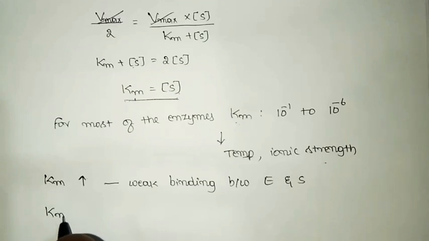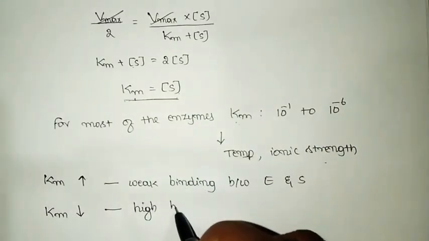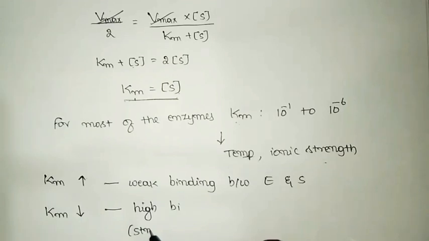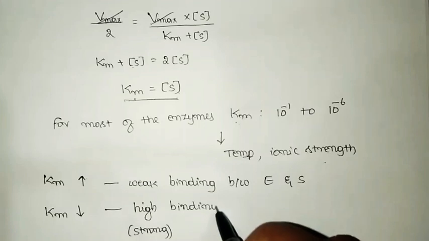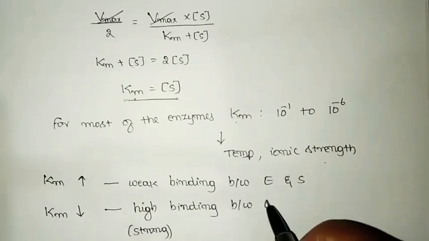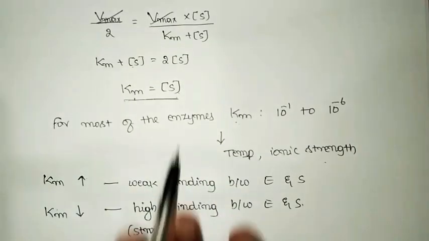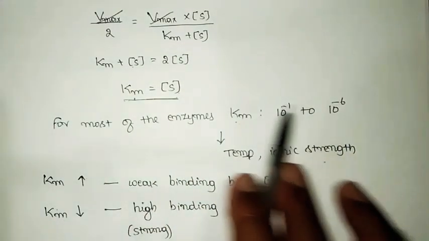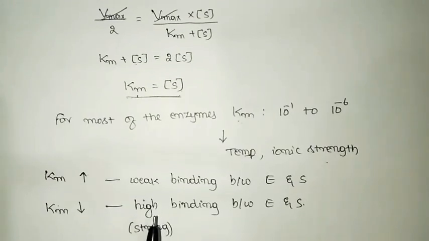Suppose the Km value is proportionately low, then that indicates high binding or strong binding between enzyme and substrate. So the Km value will give information about the substrate concentration at which half of the active sites of the enzyme were occupied.